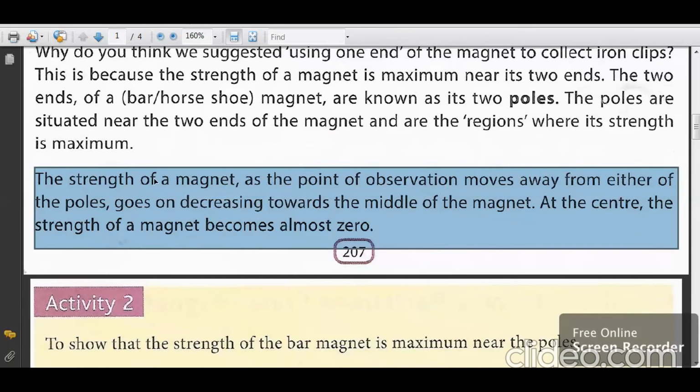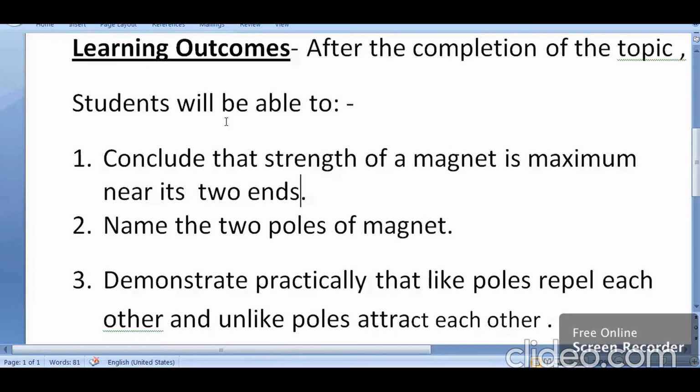But the strength of a magnet keeps on decreasing as we move towards the middle of the magnet, and at the center, the strength of the magnet becomes almost zero. After studying this topic, students, now you can easily conclude that the strength of a magnet is maximum near its two ends, called the poles of the magnet.